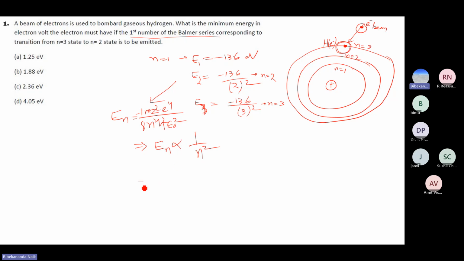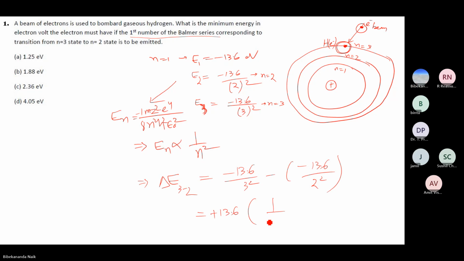So if you see the transition, delta E from 3 to 2 will be minus 13.6 divided by 3 square minus of minus 13.6 divided by 2 square. Let us make it plus minus 13.6, then it will be 1 by 4 minus 1 by 9.